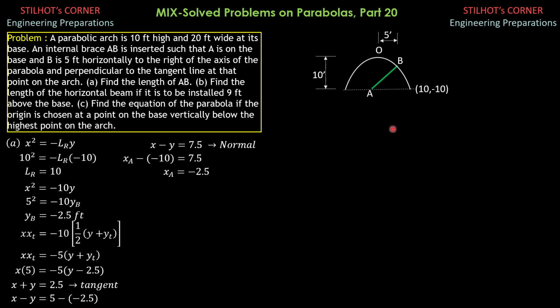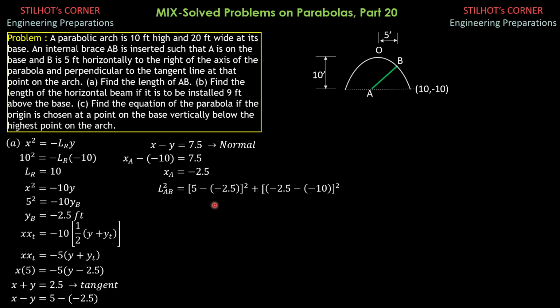If xA is negative 2.5, the horizontal distance between A and B is 5 minus negative 2.5, so that would be 7.5. The vertical distance between A and B is also 7.5, 10 minus 2.5. So therefore, by Pythagoras theorem, LAB square is equal to 5 minus negative 2.5 quantity square plus negative 2.5 minus negative 10 quantity square.